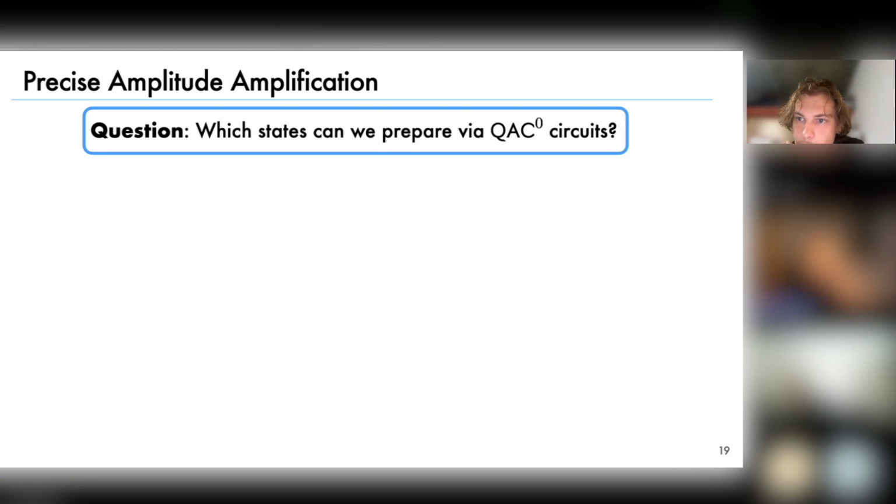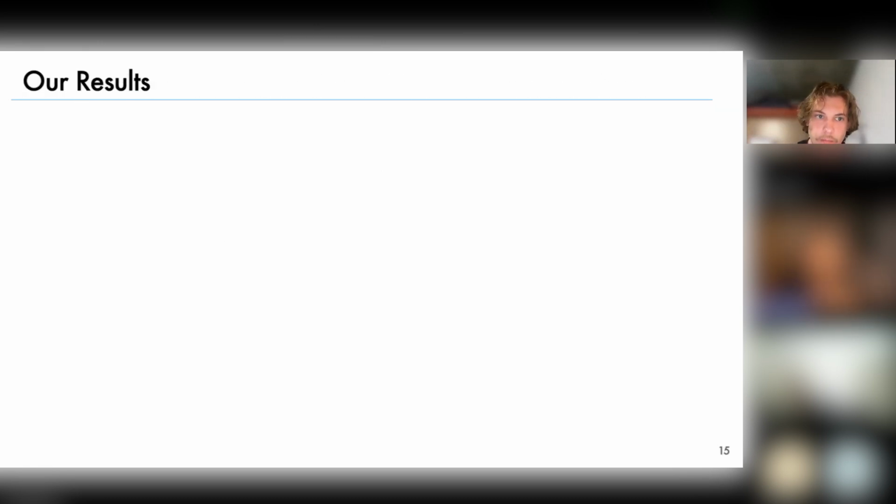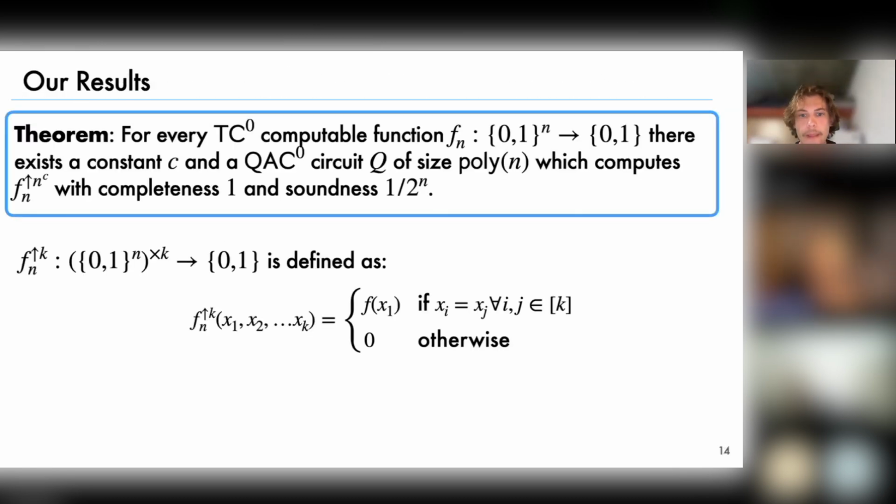So before you start, maybe I can ask a small question. When you define this F up arrow thingy, if instead of saying 0 on other inputs when the blocks don't match, if you put 1, then completeness and soundness would have flipped, right? Is that correct? Let's see. I think if you do that, you also need to flip F, right?